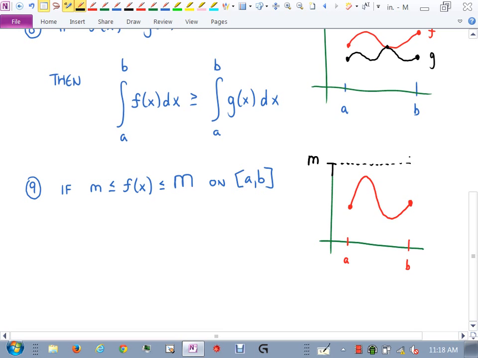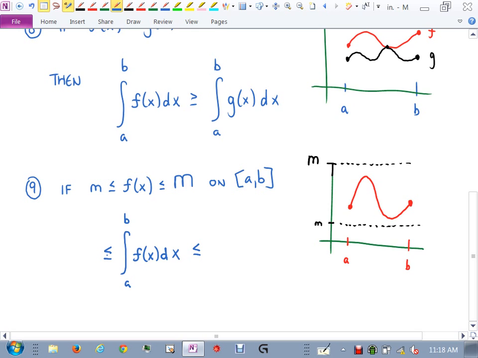It can be any number that's bigger. And then little m is any number that I can find that is smaller than my function on that interval. Then what do you think the relationship is with this? What do you think I can say about the definite integral of the function f? What must it be stuck between?